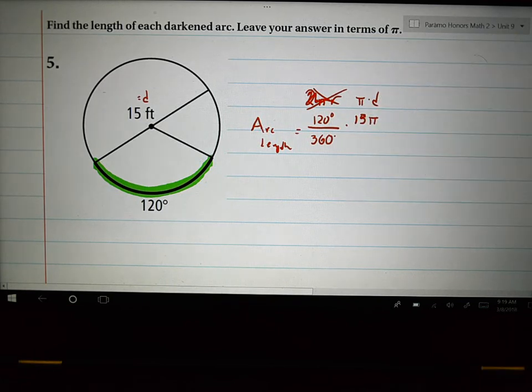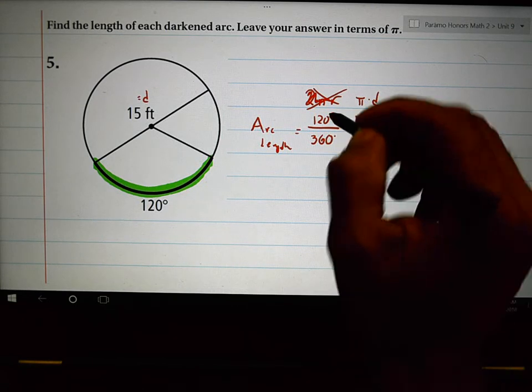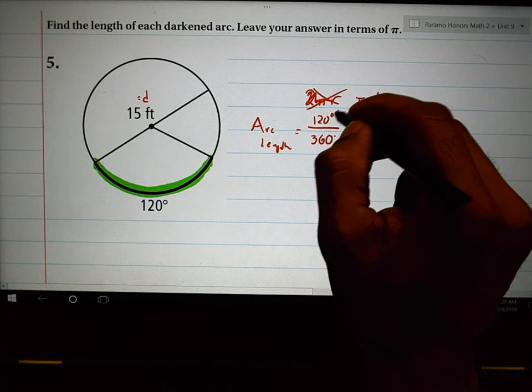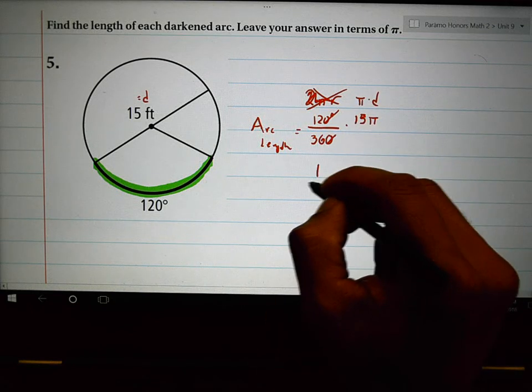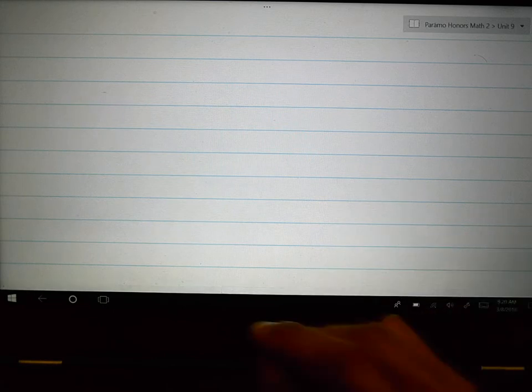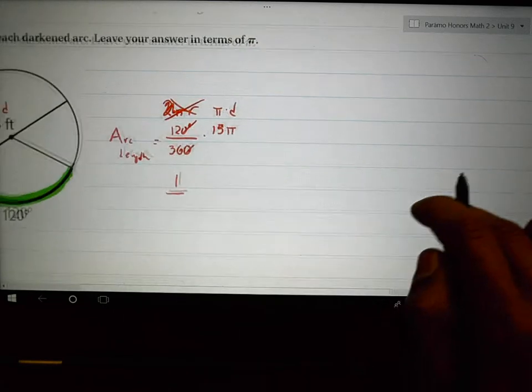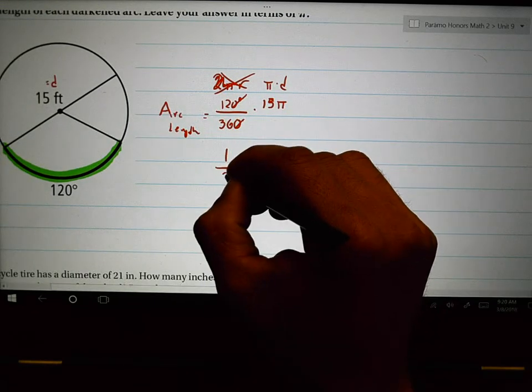Now you should get used to doing some fraction stuff, and so you can use a calculator for this, but for some of you, let's say you don't need the calculator, you start doing stuff in your head. 0 goes into 0, 12 goes into 36 3 times.